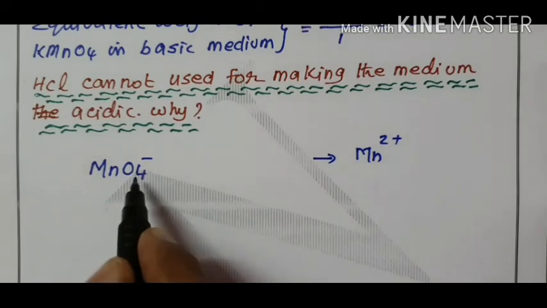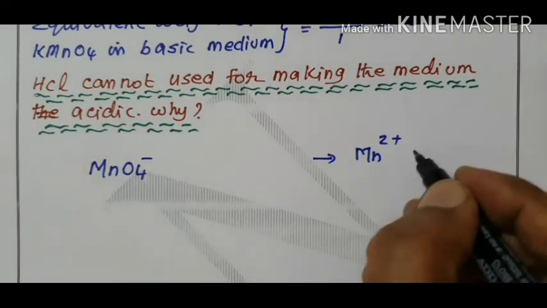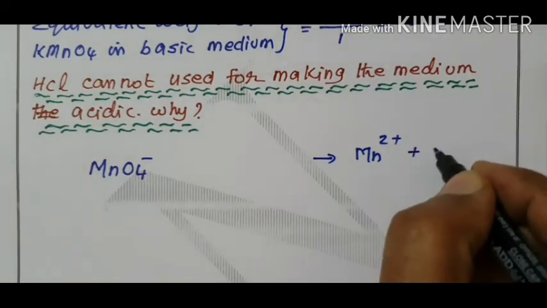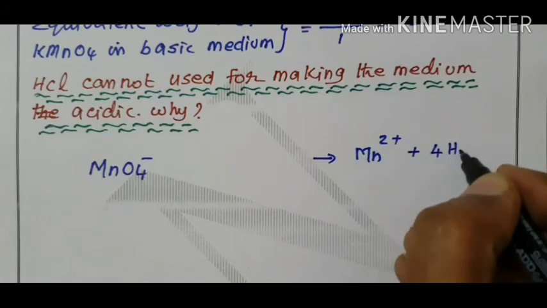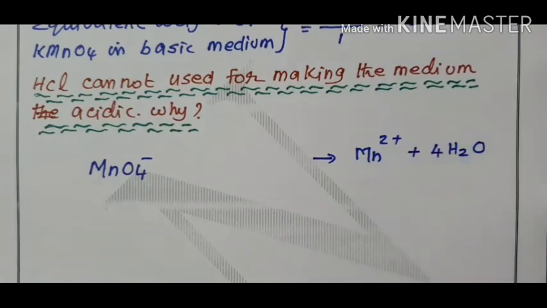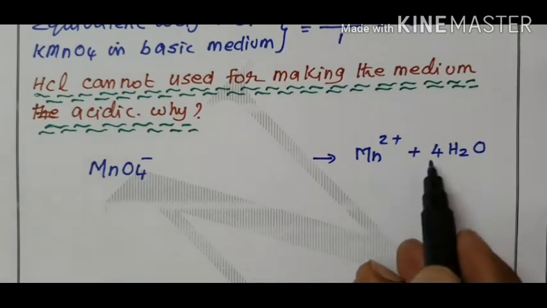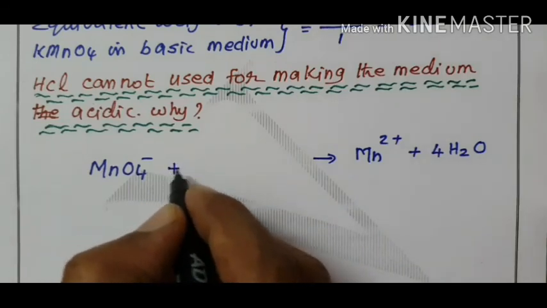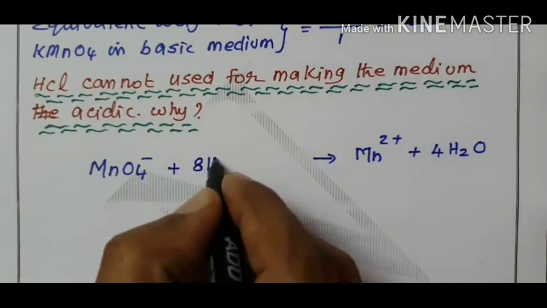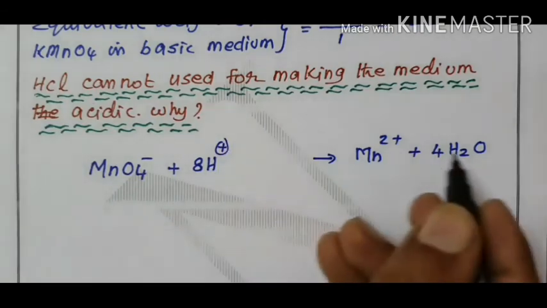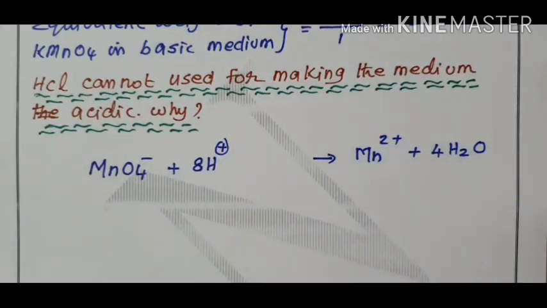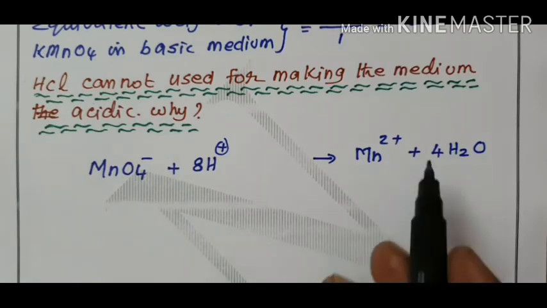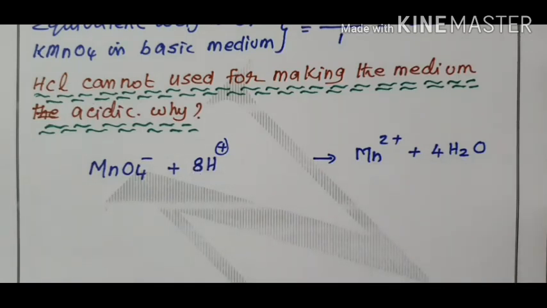In acidic medium, 4 oxygen are balanced by adding equal number of water molecules on the opposite side, 4H2O. Then we have to balance hydrogen. 4 into 2s are 8 hydrogens, balanced by adding 8 H plus ions on the opposite side. Metal balanced, oxygen balanced, hydrogens also balanced.